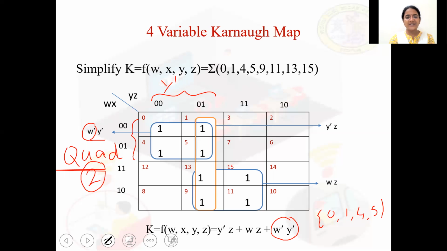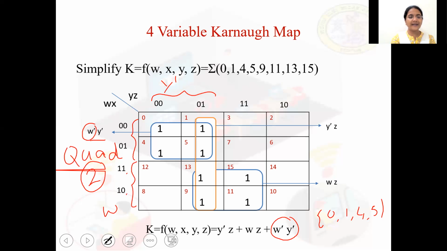The other minterms we have are 13, 15, 9, 11. We have grouped 0, 1, 4, 5. The remaining minterms to group are 9, 11, 13, 15. When we group 9, 11, 13, 15, from these two rows, we are getting W as the common term, but variable X is changing from 1 to 0.